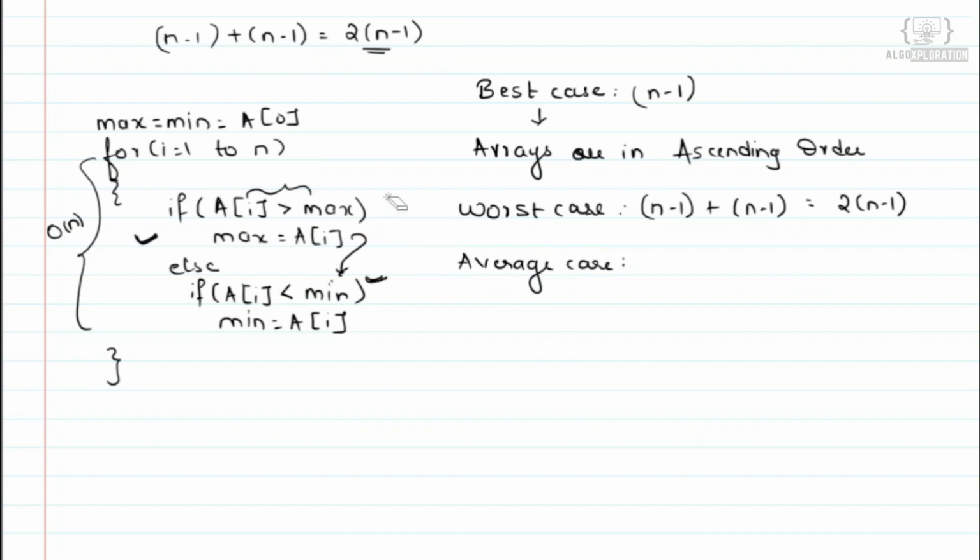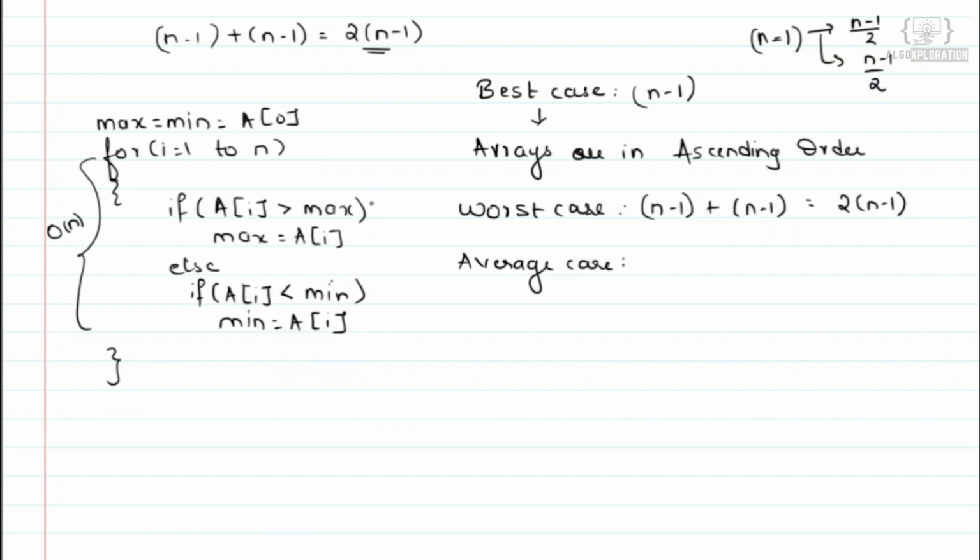Now let's analyze the average case. Average case is nothing but giving the if part and else part equal chances. That is, if the total number of comparisons is n minus 1, then for the if part we will give (n minus 1) by 2, and for the else part (n minus 1) by 2.